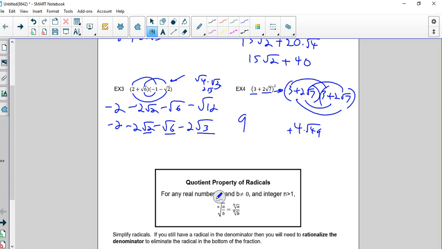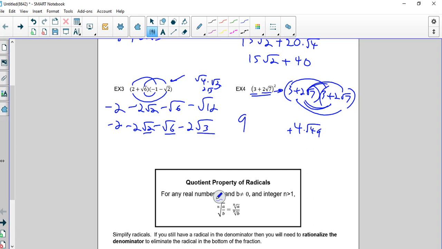And then multiply these two and double it, which is what happens here, because you're going to multiply the outside and the inside. The outside and the inside, and you're going to get the same thing. 3 times 2 radical 7 plus 3 times 2 radical 7, and you're going to get 2 of them.